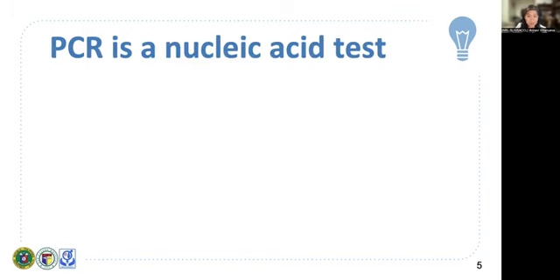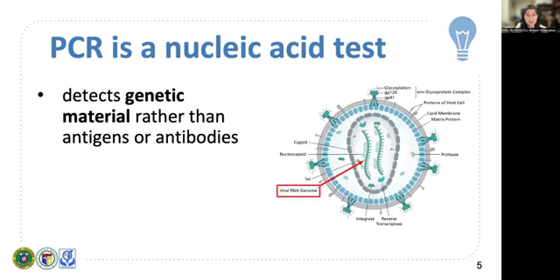PCR is a type of nucleic acid test such that it detects genetic material rather than antigens or antibodies. So in the case of your immunoassays, we would expect that the targets for these tests are, for example for HIV, the surface antigens present on the surface of the virus, or the antibodies that our body produces against these antigens.